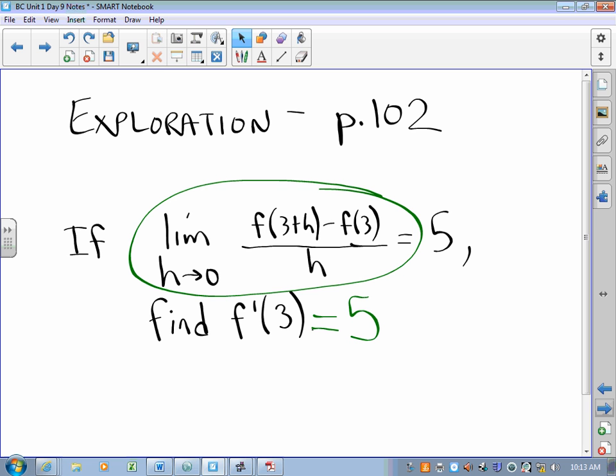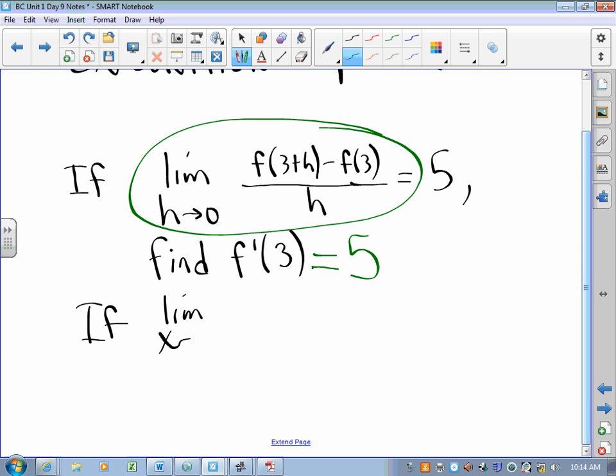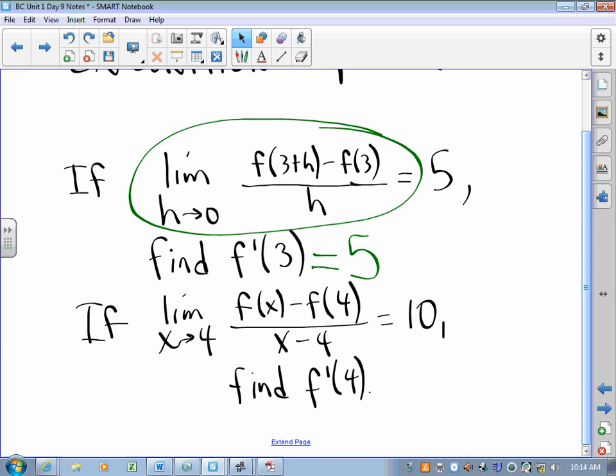It would come up early in the multiple choice section because it's a pretty quick question to do, but you want to be able to make connections. You want to be able to say, if they throw this at you, find f prime of 4, I know what that is.